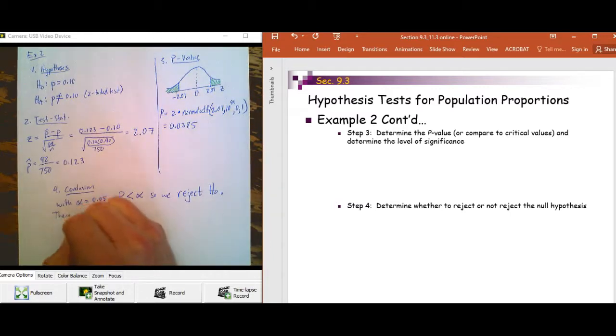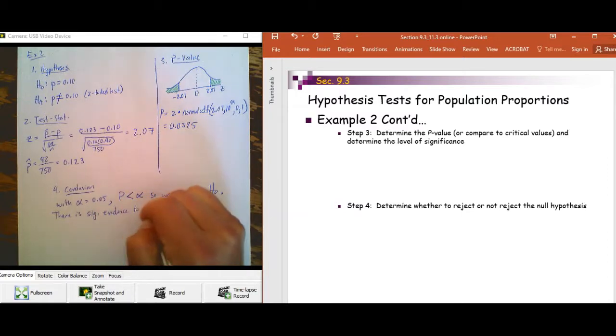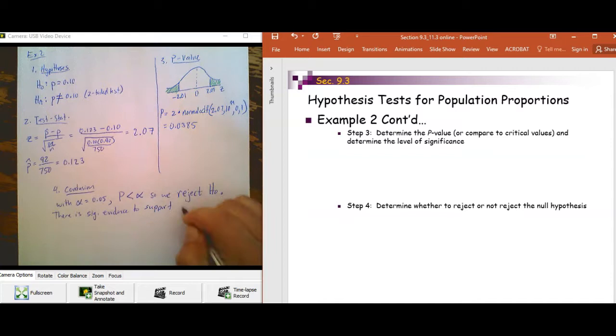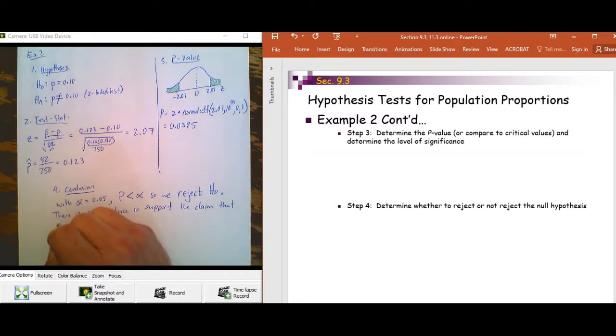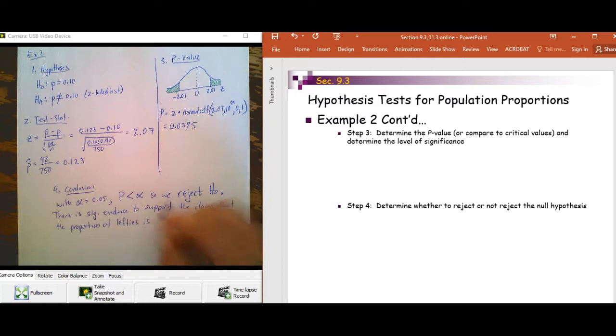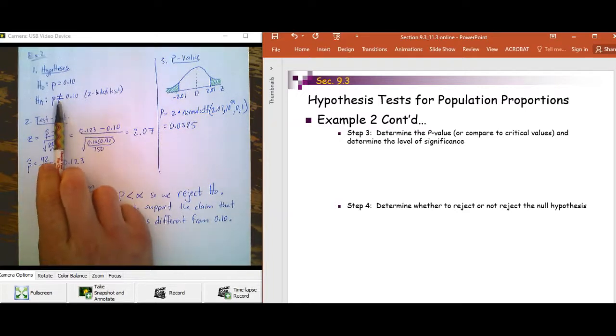There is significant evidence to support the claim that the proportion of lefties is different from 0.10. So we're not concluding higher or lower, just different from here.